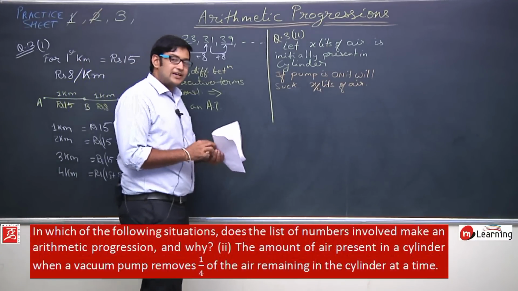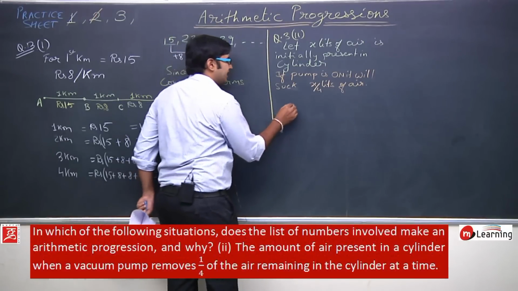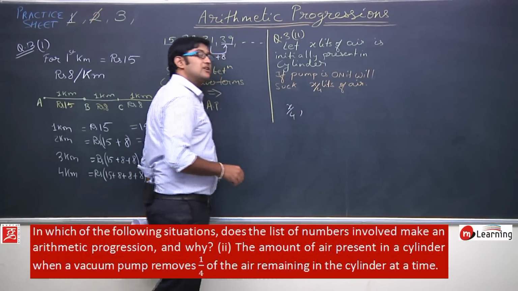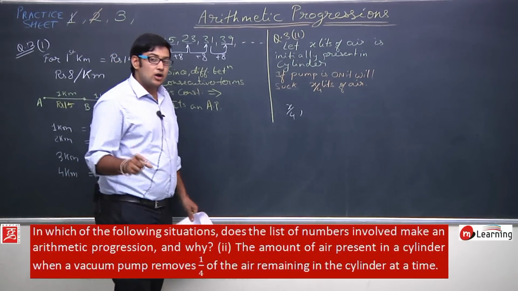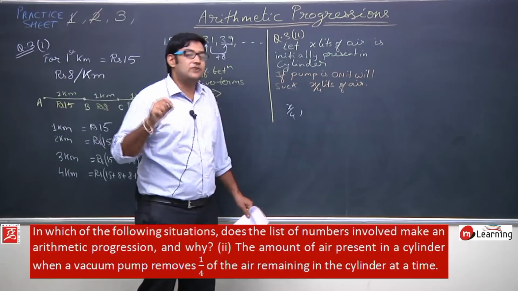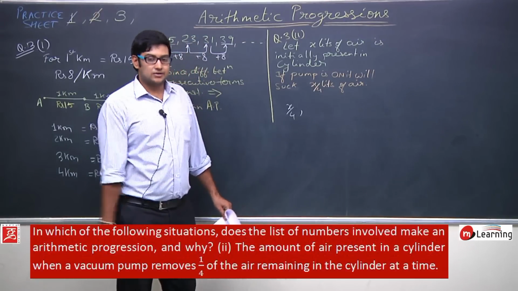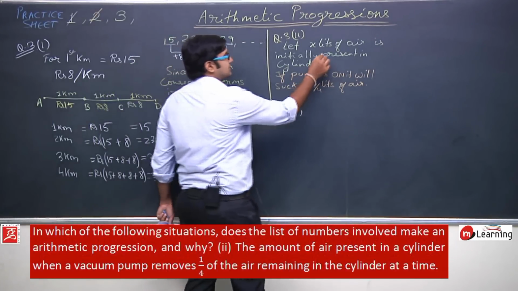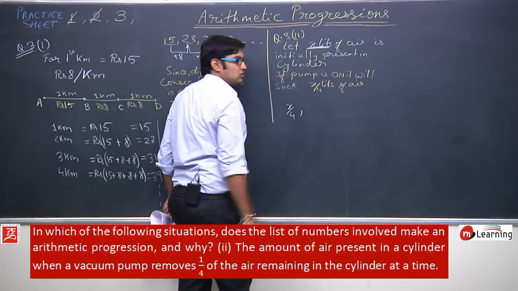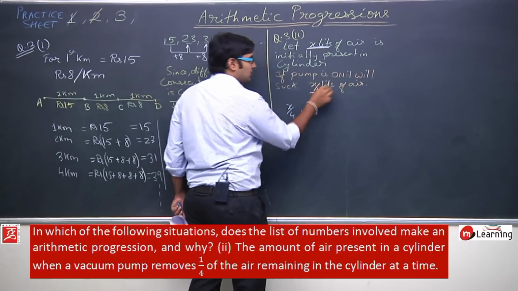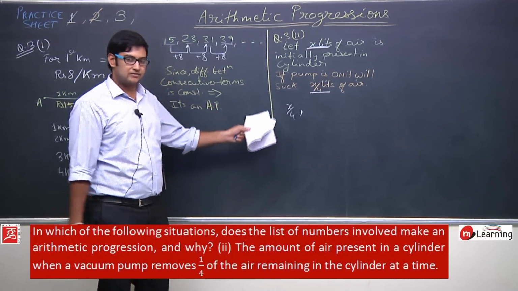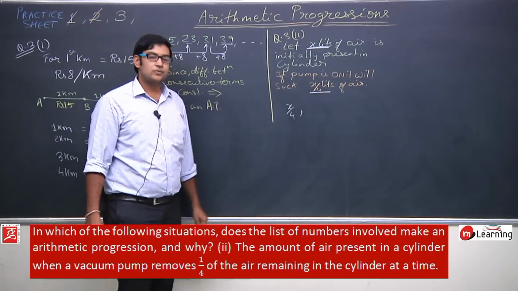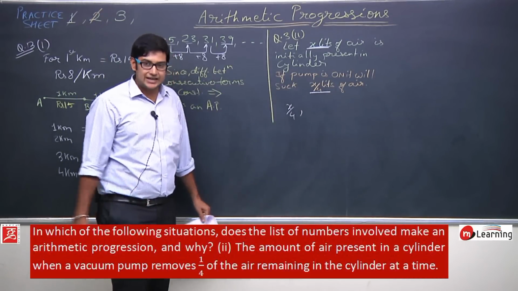So the amount of air sucked by this pump is x by 4 in the first time. First time में ये x by 4 air को suck कर लेगा. Now how much air is left inside the cylinder? You can see x is the initial amount and x by 4 liters is taken out by this vacuum pump. So how much air is left inside the cylinder?